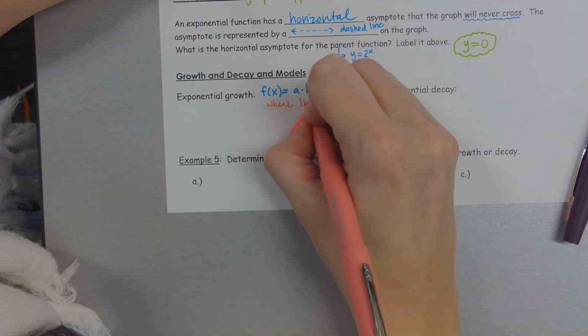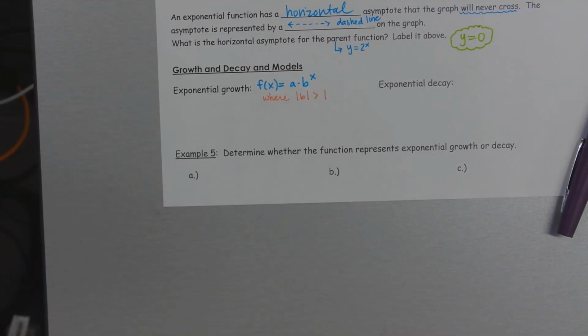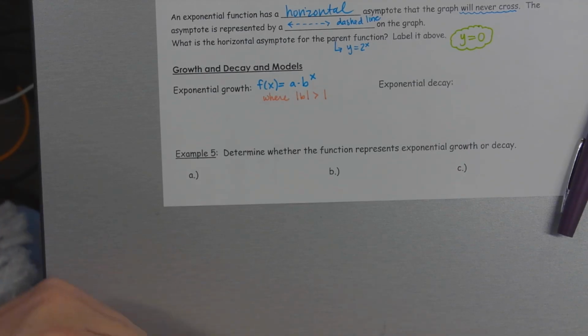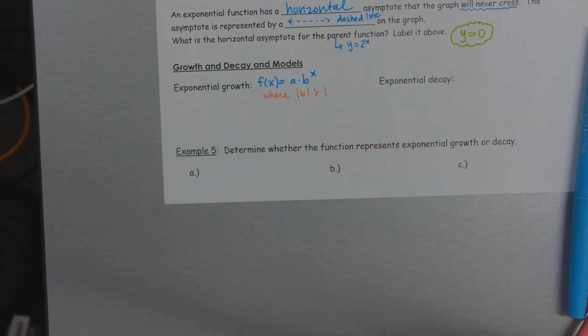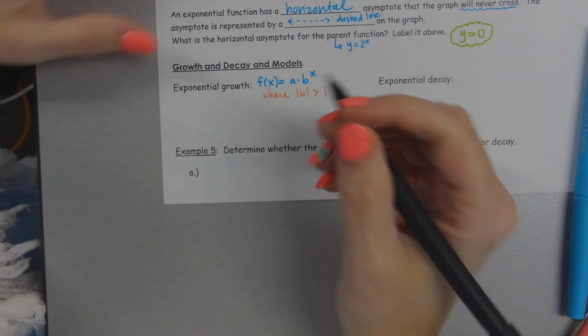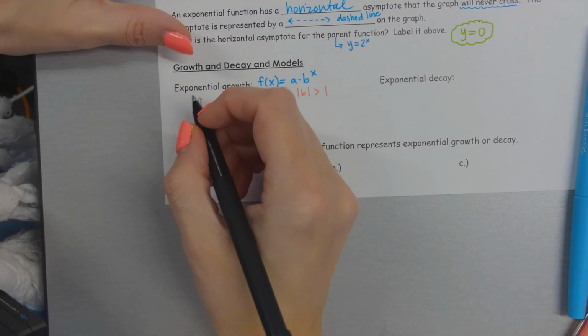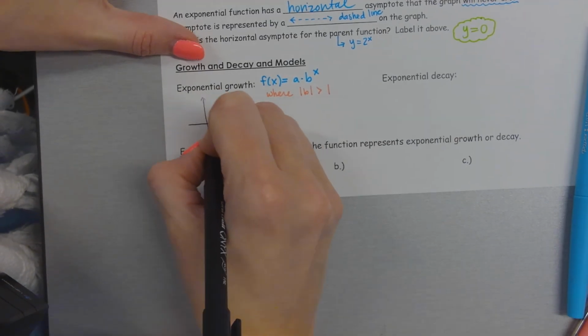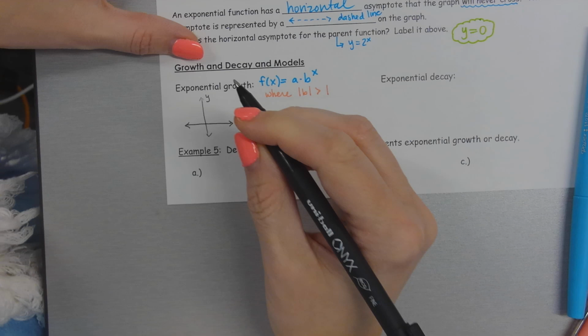Okay, so the absolute value of b is going to be greater than 1. If it is 1, then it will end up being a straight line because 1 to any power is what? Yep. So you would just get a whole bunch of 1s. It would be constant. So we're going to draw 2 examples of exponential growth.